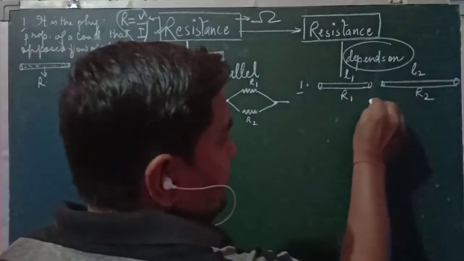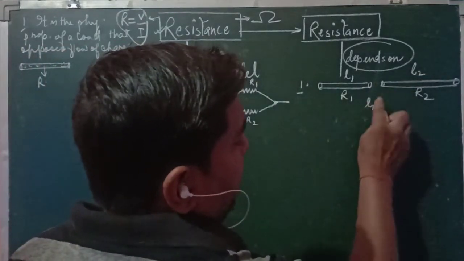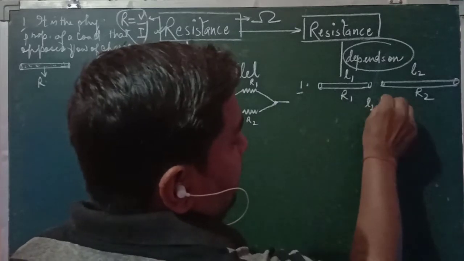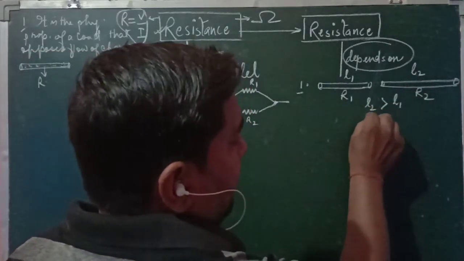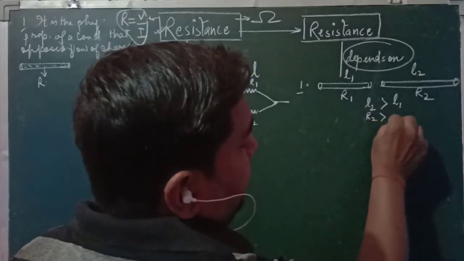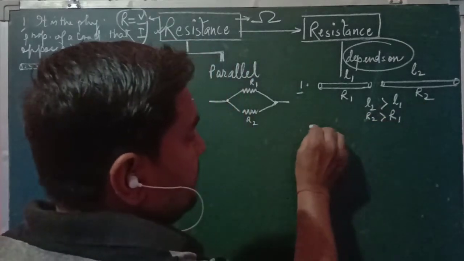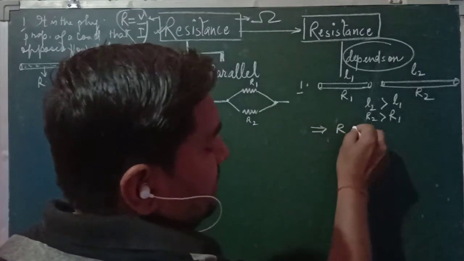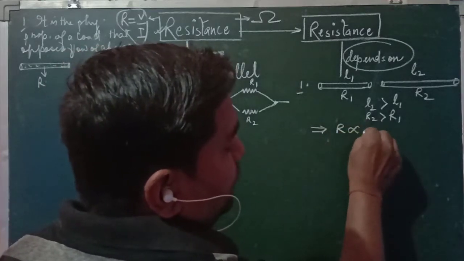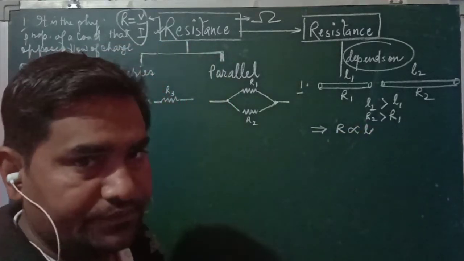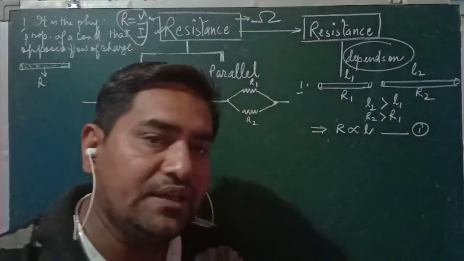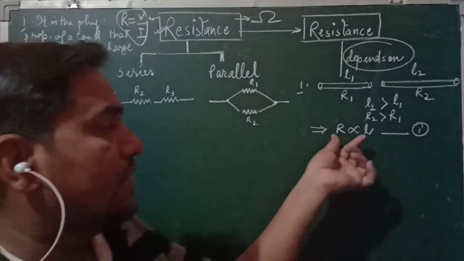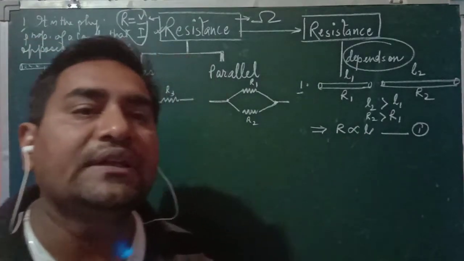So in this case L2 is greater than L1. So definitely R2 will be greater than R1. Means, students, resistance is directly proportional to length of a conductor. If length will be increased in the same ratio, the resistance will also increase.